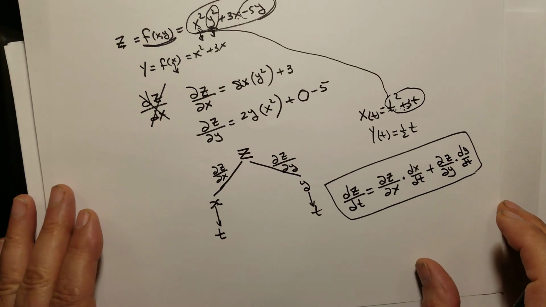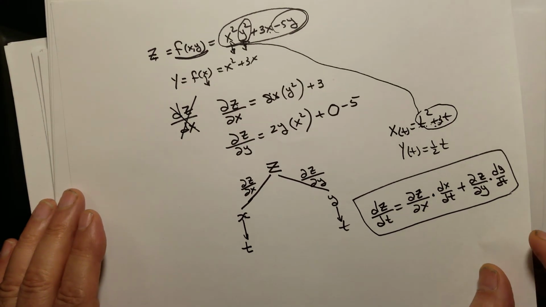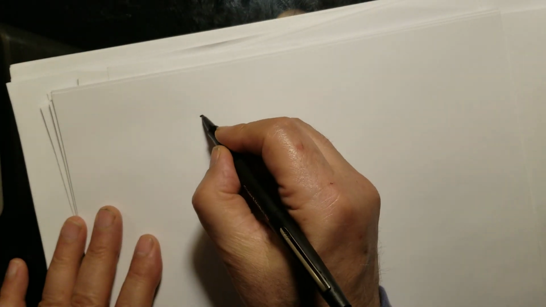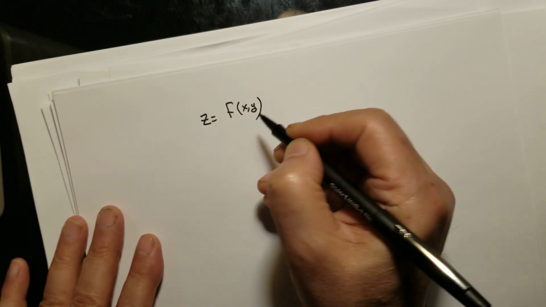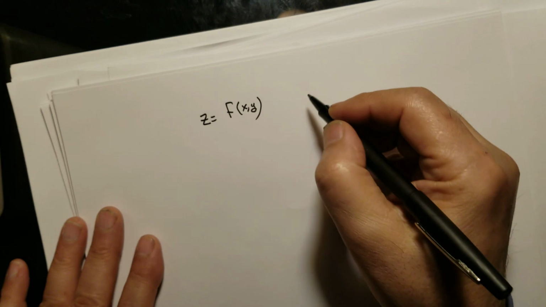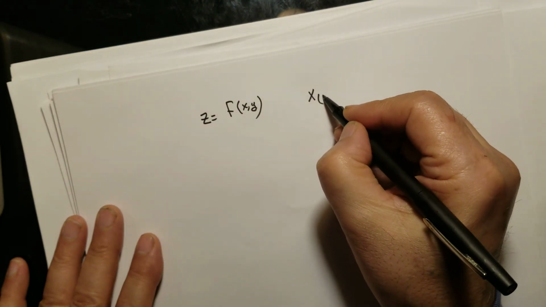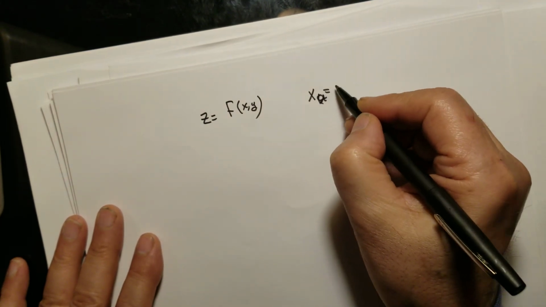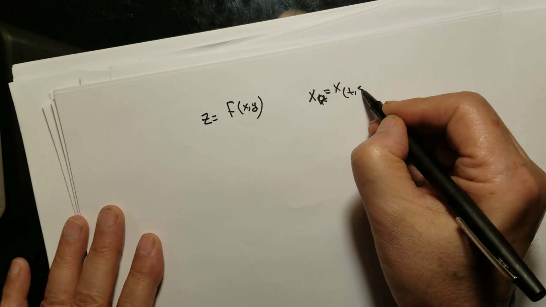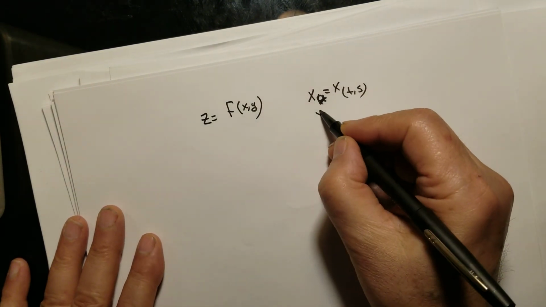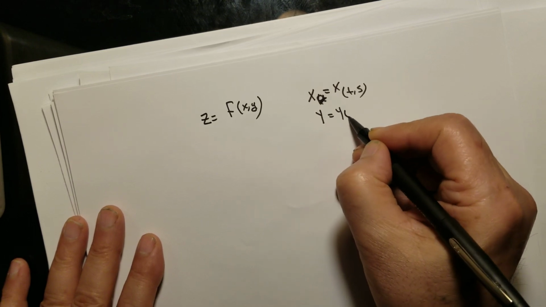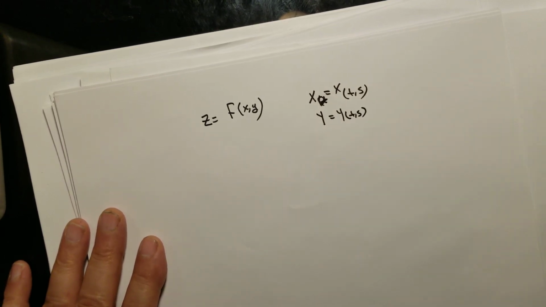Okay, another student is going to say, well, there are many different occasions, because we are in multivariable calculus. If z is a function of x and y, what happens if x itself becomes a function of t and s? What happens if y becomes a function of t and s?